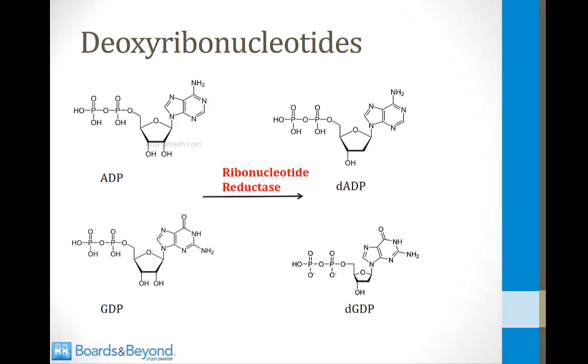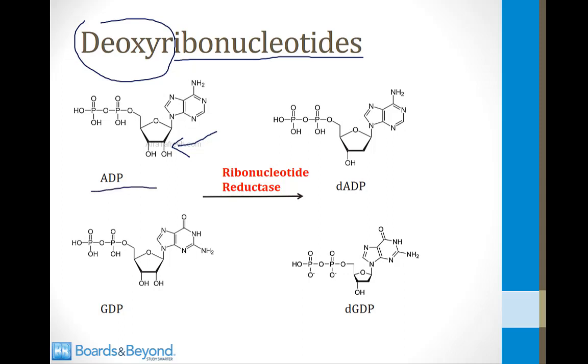Everything I've talked about up until this point has been about the synthesis of purine ribonucleotides, but now let's talk about how cells in the body synthesize purine deoxyribonucleotides. And deoxyribonucleotides lack this hydroxyl group here. That's what makes them deoxyribonucleotides, and they are used in DNA. So the way the body synthesizes these molecules is it first synthesizes diphosphate versions of purine nucleotides.